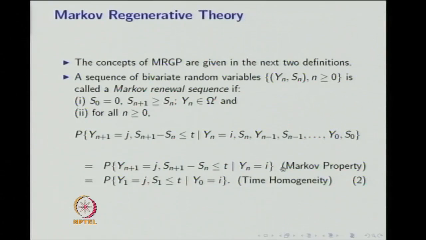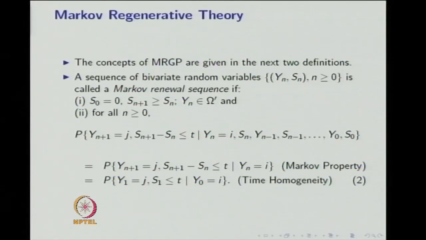Next, that is the same as the conditional distribution of, instead of Yn to Yn+1, the distribution of Y0 to Y1. Because it is time invariant, because of time homogeneity, this conditional distribution is the same as the probability of Y1 equal to j and the first regeneration time point less than or equal to t, given that Y0 is equal to i.